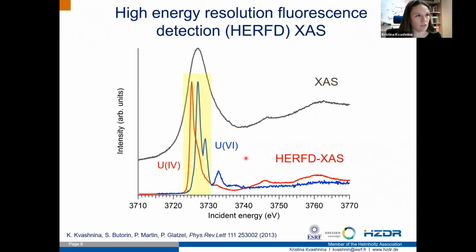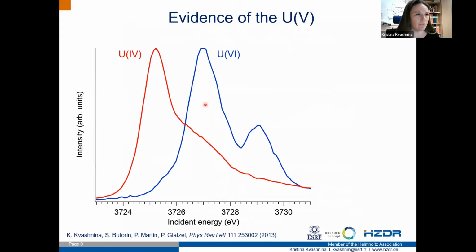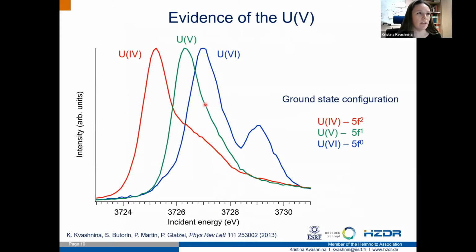Now if I zoom in on that energy region, the energy difference between uranium-4 and uranium-6 is about 2 electron volts, so that's quite a lot. We also see that uranium-5 is possible to detect, and it really comes in between, according to the standard absorption rules.